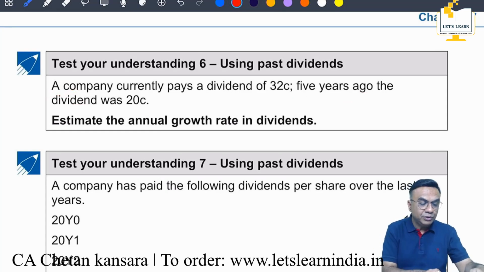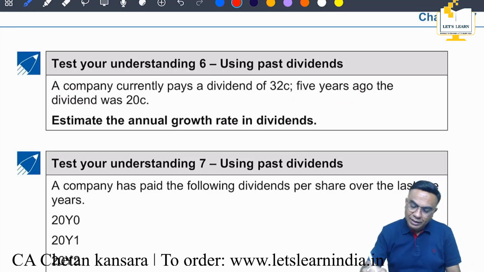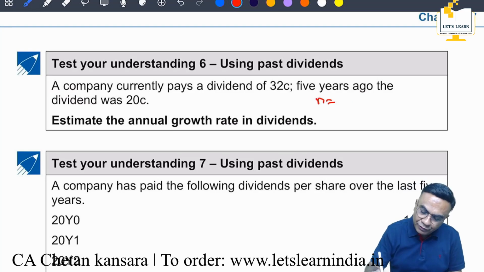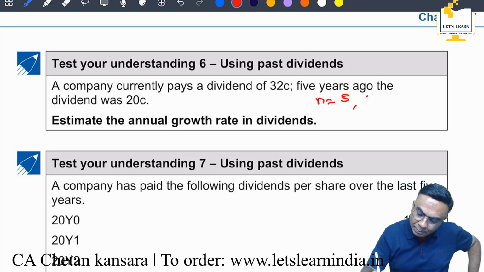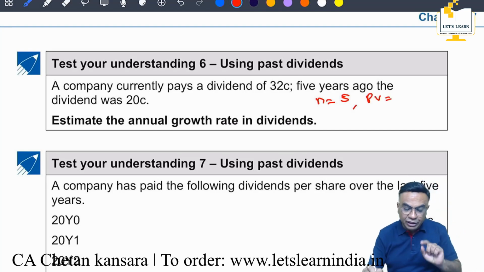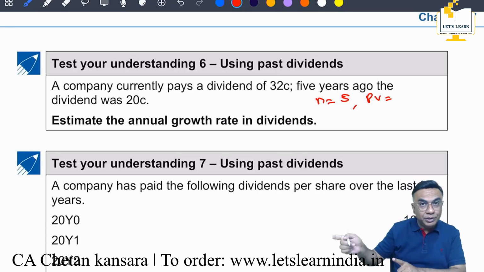You can use financial calculator. On your financial calculator, N is 5 years. Dividend increases from 20 cents to 32 cents.